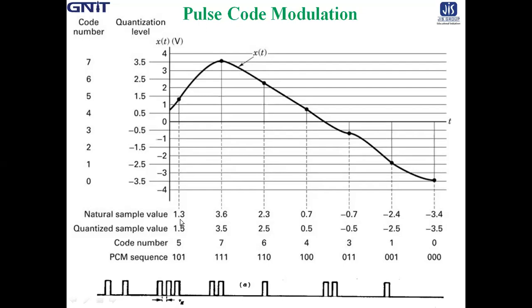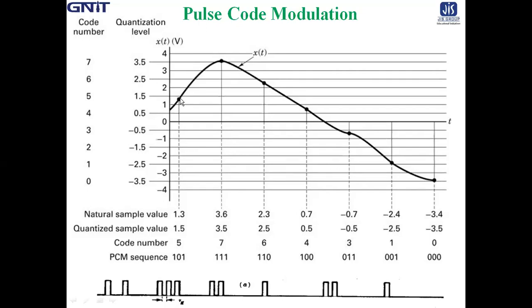The second sample value is exactly, say, 3.6. Third sample value 2.3, fourth sample value 0.7, fifth is -0.7, then -2.4 and -3.4.